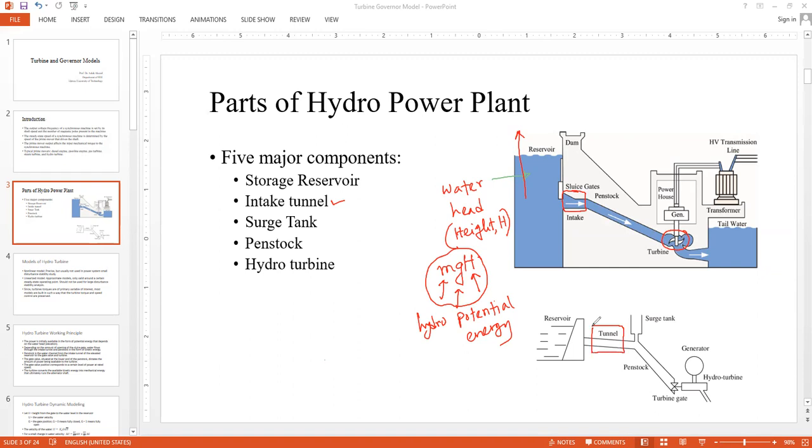It allows the flow of water to go through to the turbine blades. The next part is known as the penstock, with a larger slope. The intake tunnel slope is pretty small, however the penstock slope is very high, as is seen from the diagram.